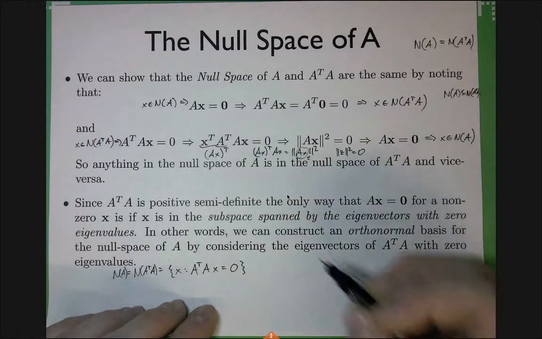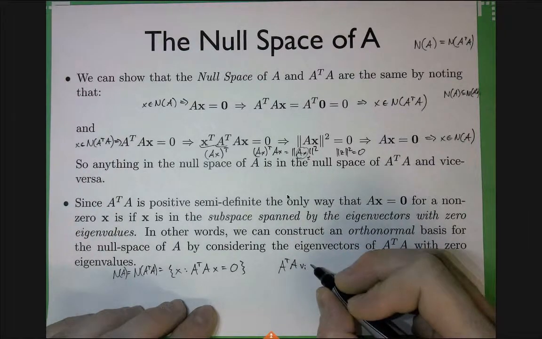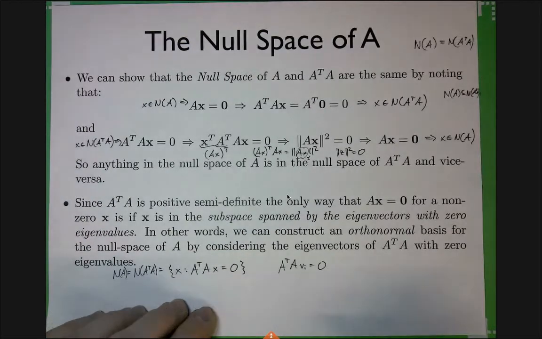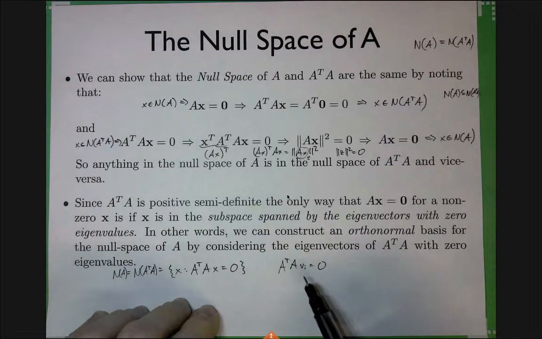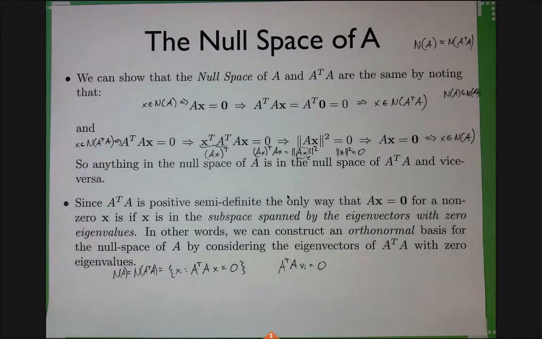Because if the eigenvalue is 0, the eigenvectors go to 0, which means that they are exactly in the null space. And I'm looking for eigenvectors so that I get an orthonormal basis. We know, as I said before, that the eigenvectors of a real symmetric matrix generate not just a basis, but an orthonormal basis.